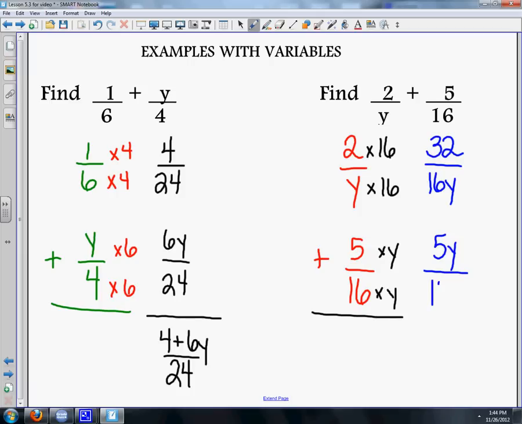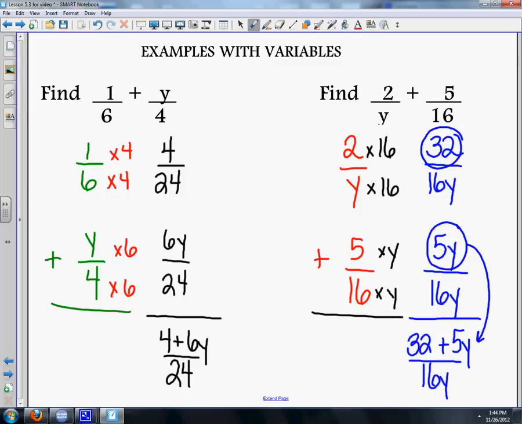And 16 times y is 16y. So now I have a common denominator of 16y, and my numerator is just 32 plus 5y. You just combine these and make it into one statement, 32 plus 5y, all over 16y.